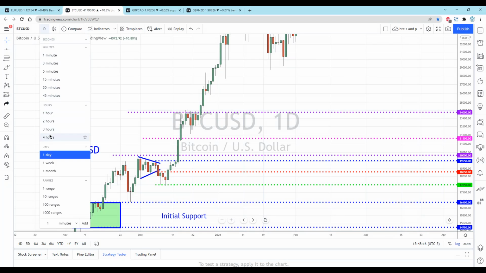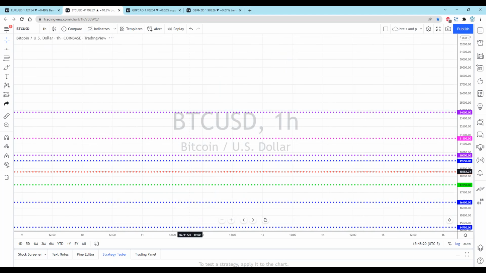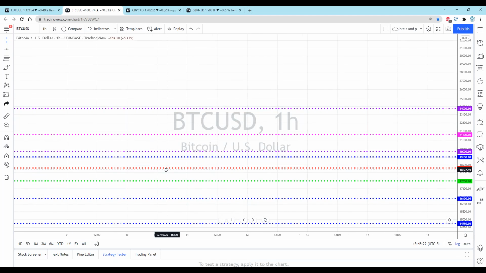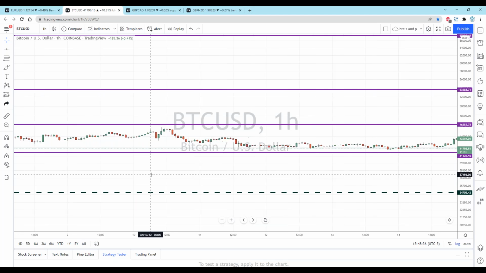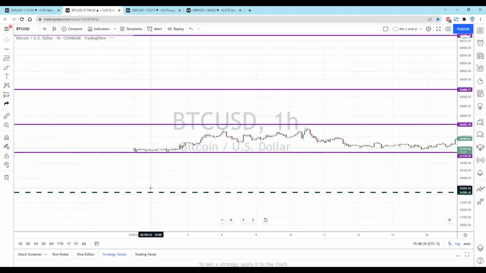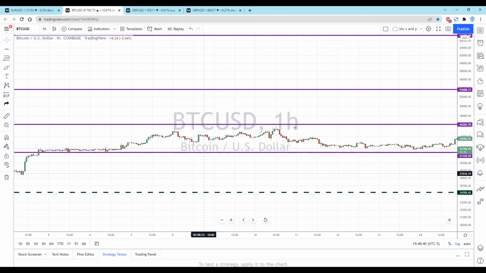And as we make our chart, see, they stayed on our charts. These levels didn't go away. Now I switch from a 1-day chart over to a 1-hour chart. And these levels stayed important, but look how big and broad they are.